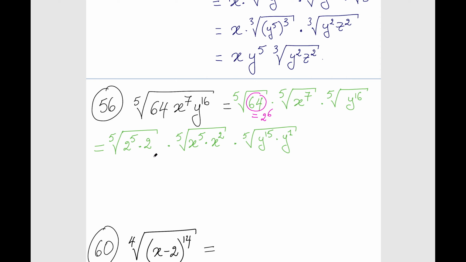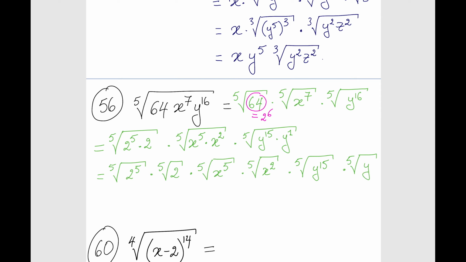Okay, all right. And this is the same as the 5th power of 2 to the power 5 times the 5th power of 2, by the product rule for radicals. 5th power of x to the power 5, 5th power of x squared, times the 5th power of y to the power 15 and times the 5th power of y to the power 1.